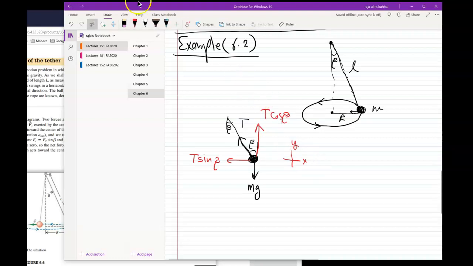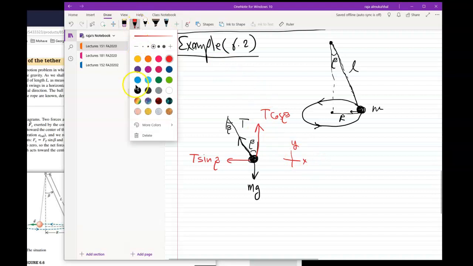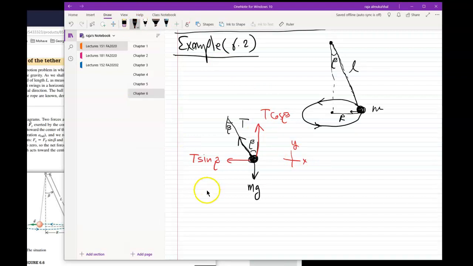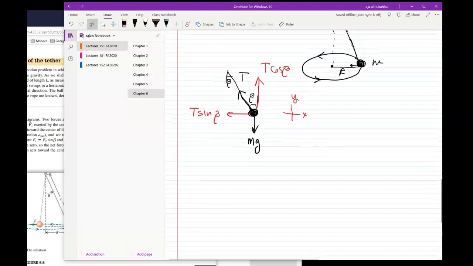So now, with this in mind, watch what's going on here. Let me ask the same question I asked a minute ago. Do we have a centripetal force? And the answer is yes. This component of the tension is toward the center, right here, okay?